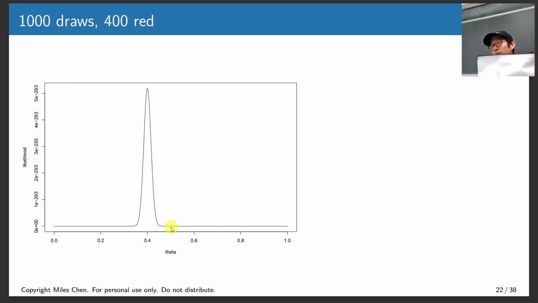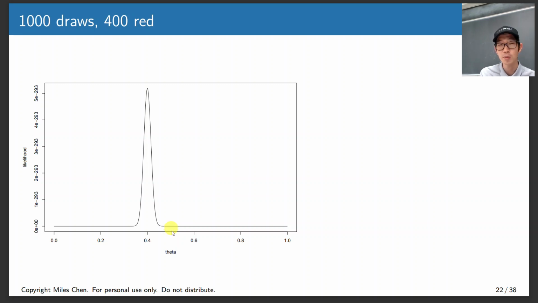if we did indeed observe 400 red marbles after 1,000 draws, it would be really shocking to find out that the bag was actually 50% red, because the likelihood of getting my data where only 400 were red is practically zero here.